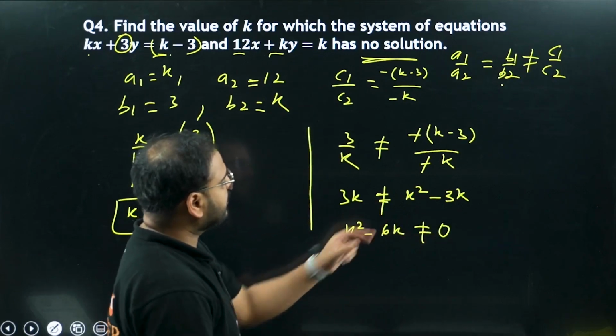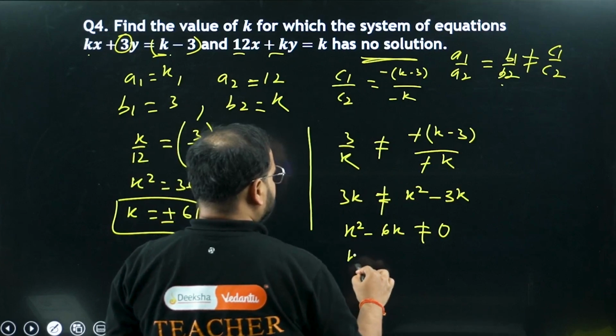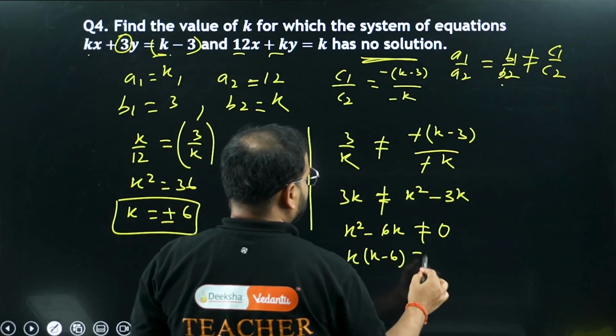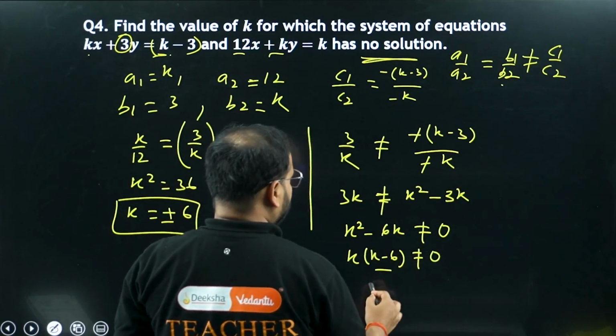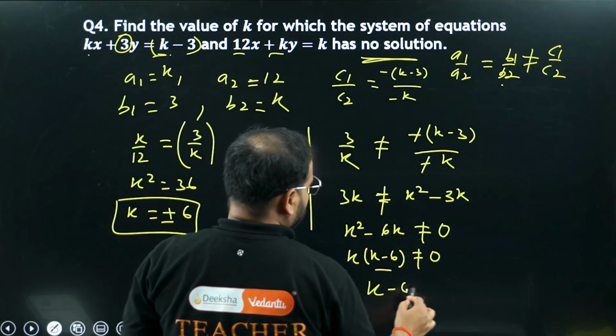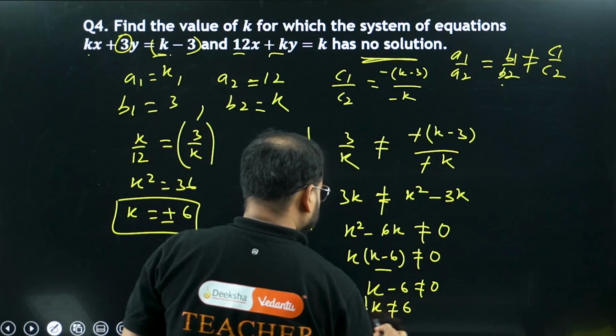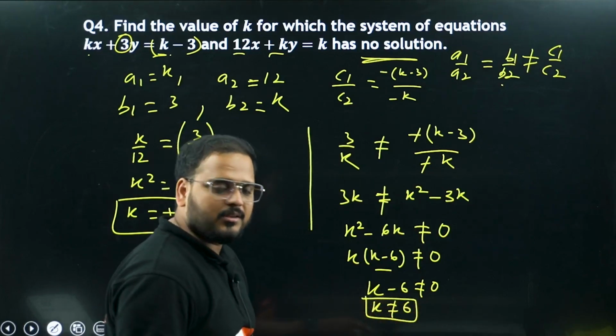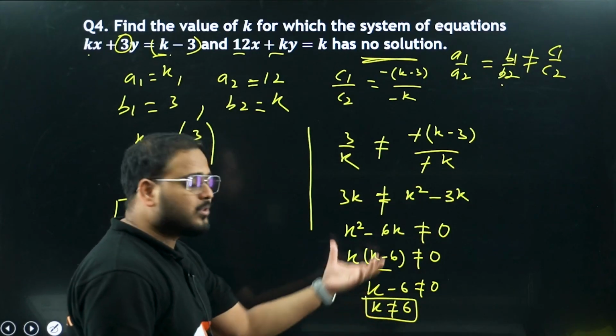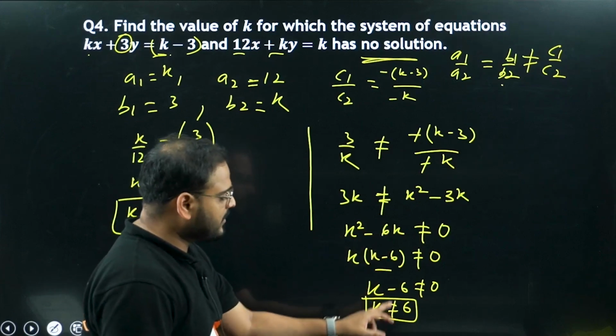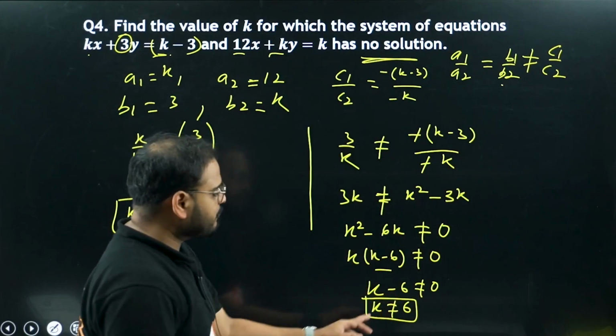So k times k minus 6 not equal to 0. So k minus 6 not equal to 0. Solve it like the equal to sign only, but just keep the sign to be not equal to. So k not equal to 6.